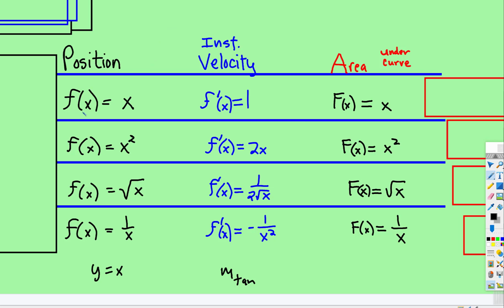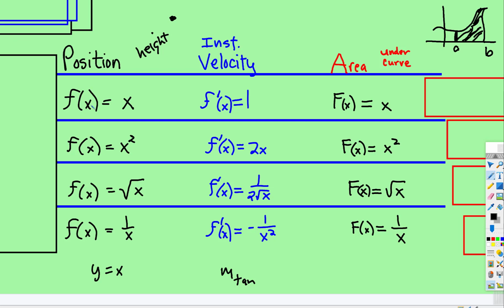When it's lowercase, it is just a function problem and we're looking for height or just a point on a graph. When it's capital F of x, so if you've got a graph that looks like this, between 2 points, this capital F of x tells you to find the area underneath that curve.